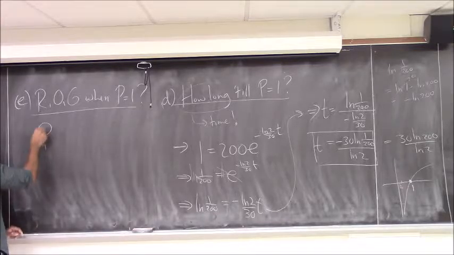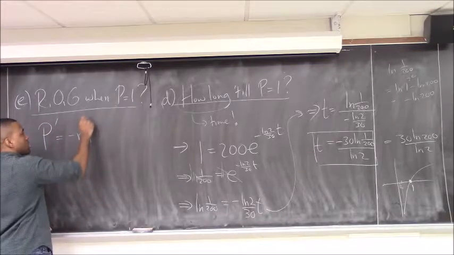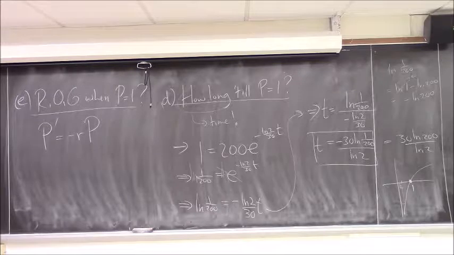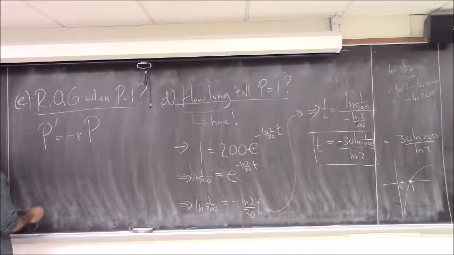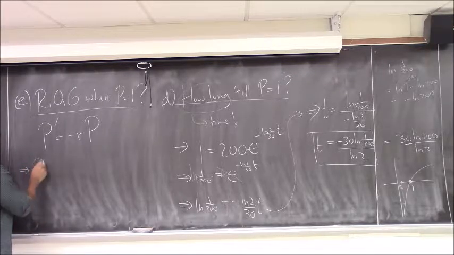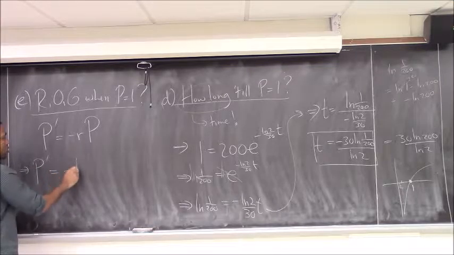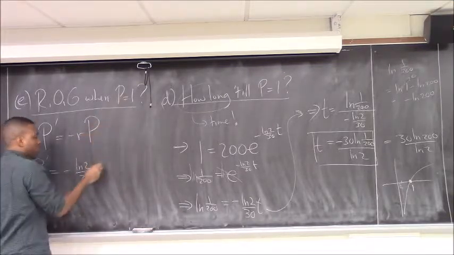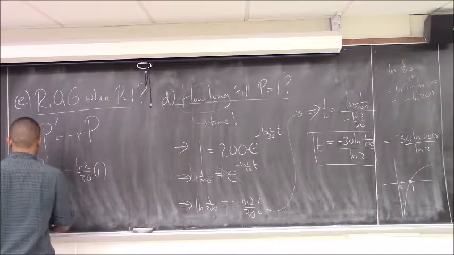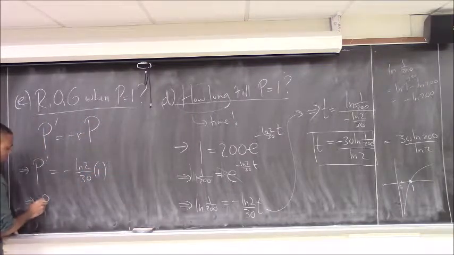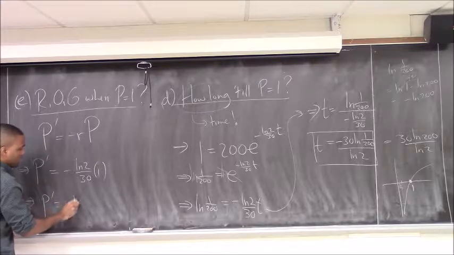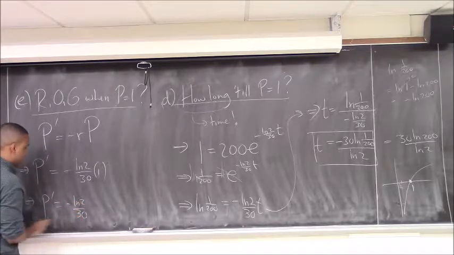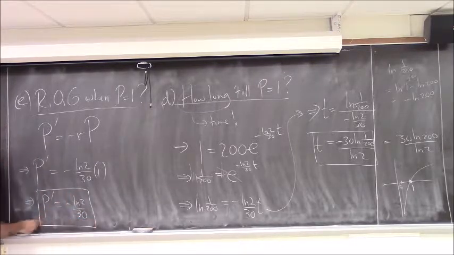P prime. I know that P prime is equal to minus RP because it's exponential decay. So what do I just plug these in now? R I know is ln 2 over 30. My P is 1. So that's the rate of growth. It's decreasing at a rate of ln 2 over 30 milligrams per year.